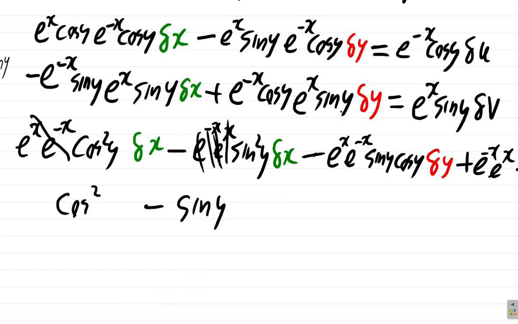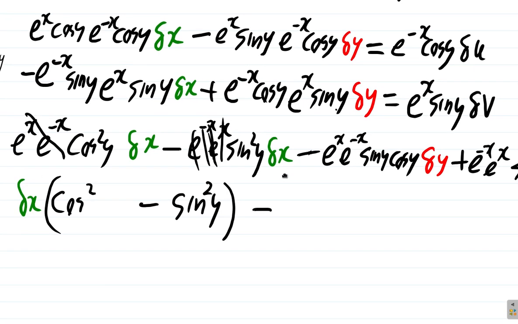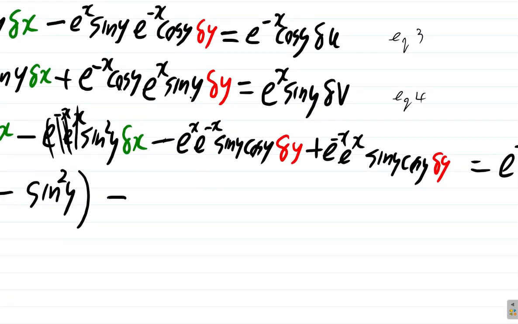So we have open and close brackets, this is squared, and our del x out here, minus what now? Let's see what happened here. E to the negative x by e to the x, that's 1.